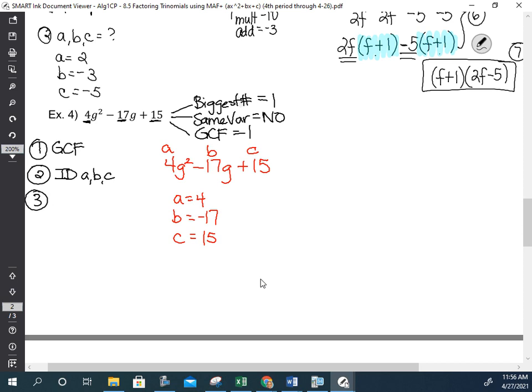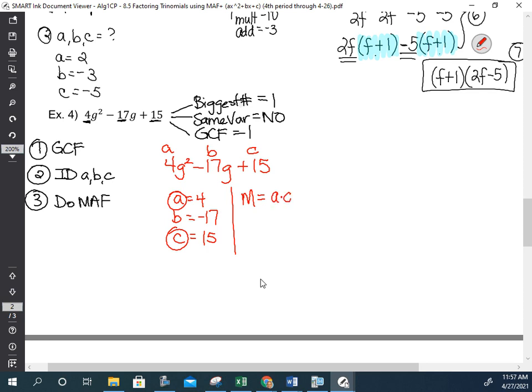So, step 3 is to do the MAF. That's where you do MAF. To get M, you take the A and the C values and multiply them together.